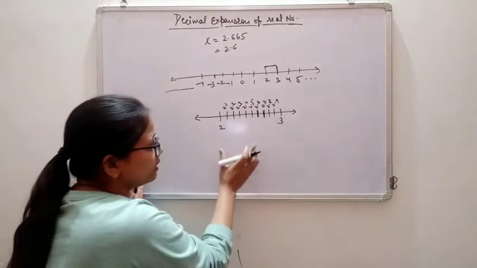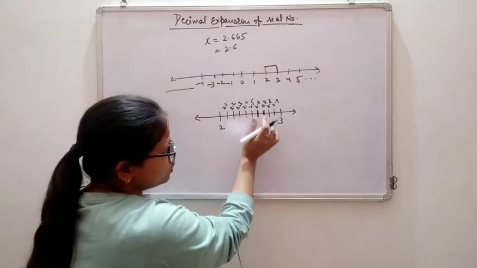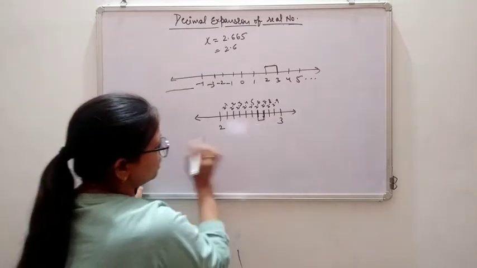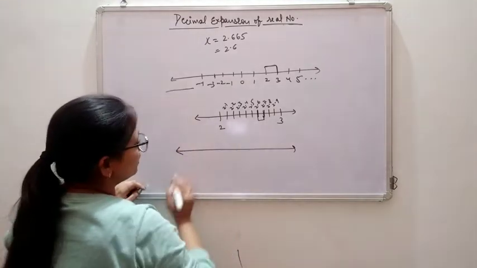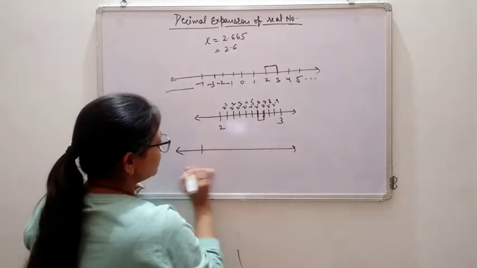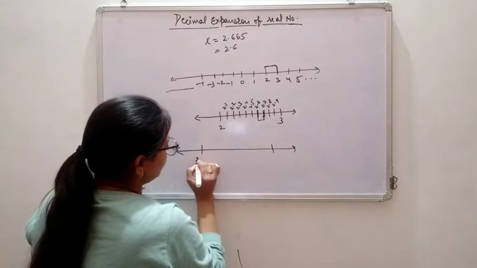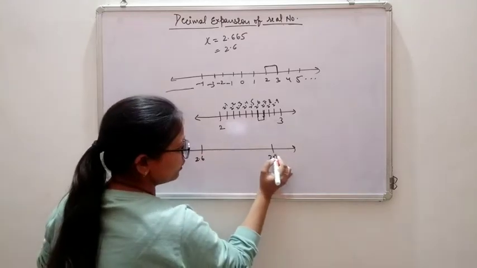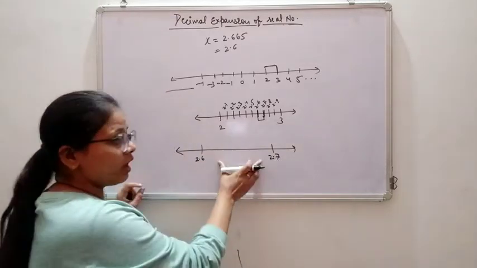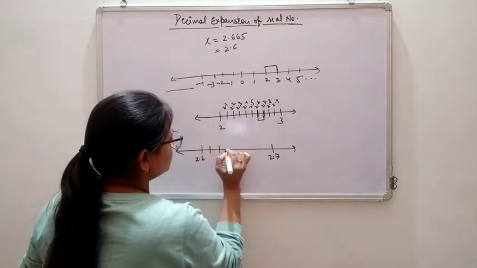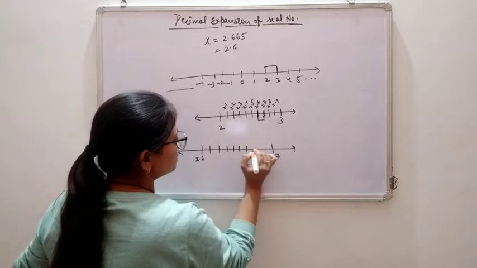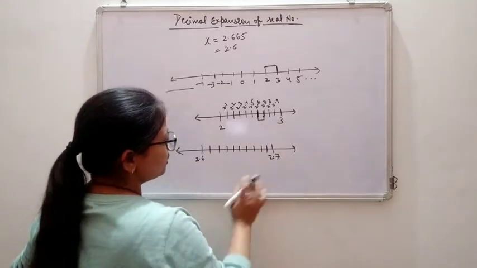So now again magnify this 2.6 and 2.7 portion. Now again take a number line and represent it as 2.6 and this is 2.7, right? Now again divide it in 10 equal parts. 1, 2, 3, 4, 5, 6, 7, 8, 9, right?